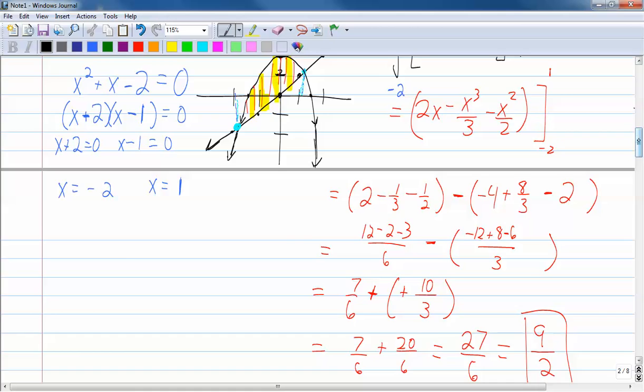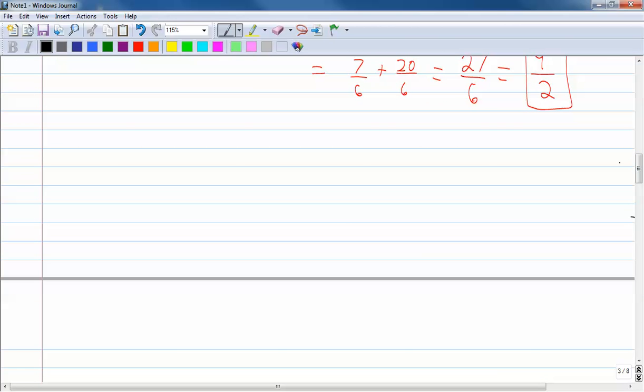Alright, so let's look at one more. You know, we couldn't get away from this without doing a little trig. So let's say that I had the function g of x equals cosine of x and f of x equals sine of x.